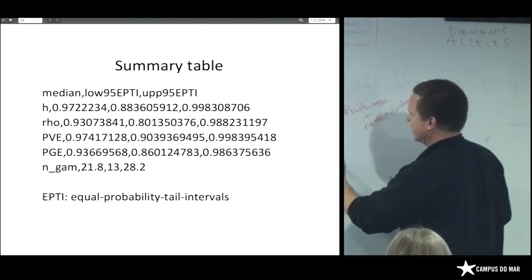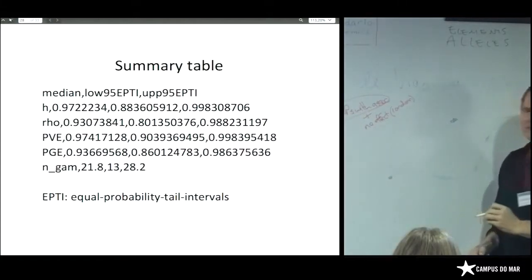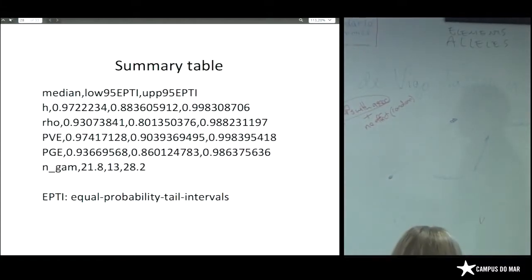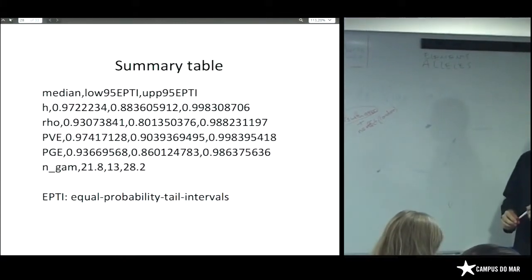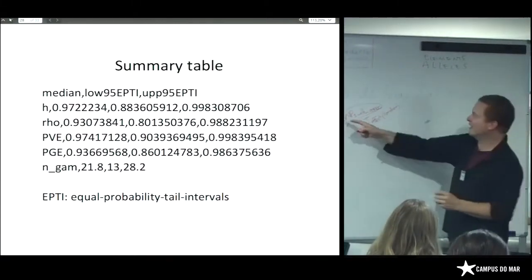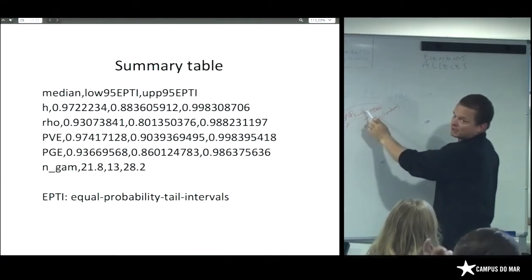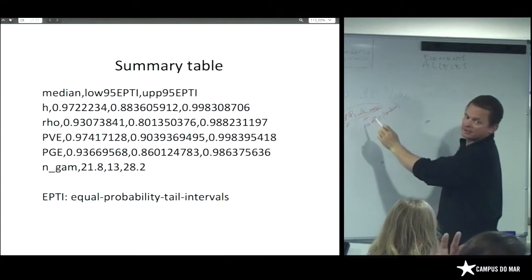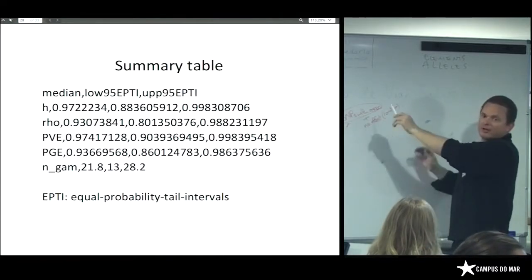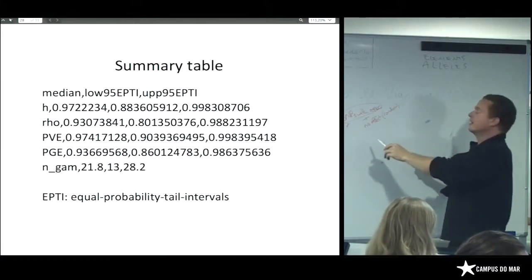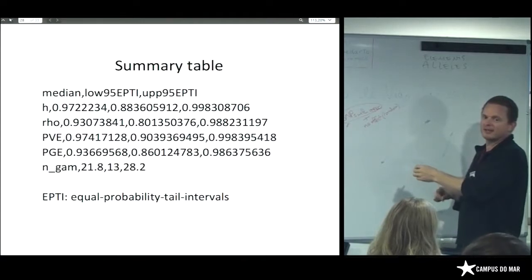PGE is only those. Yeah? Okay, so PVE is both these things. PGE is just that population. Yeah, PVE is the amount including all SNPs. PGE is only the SNPs with significant association with the phenotype.